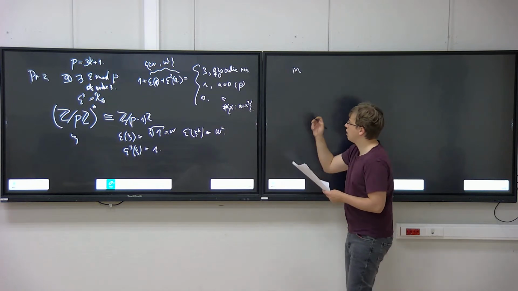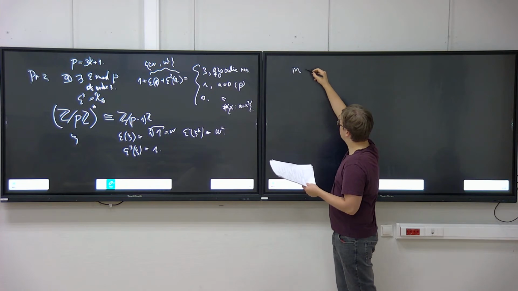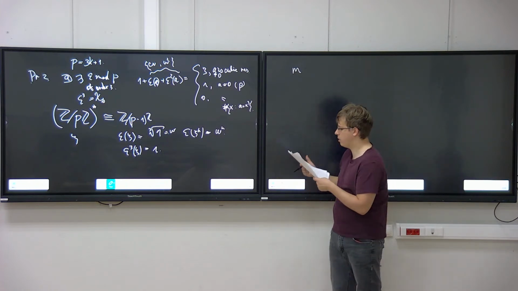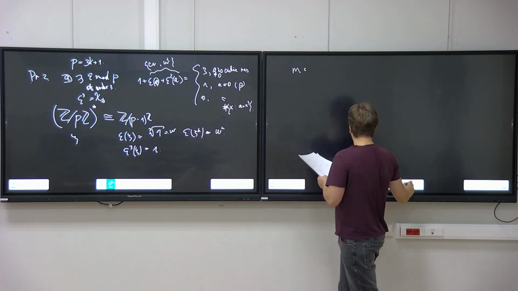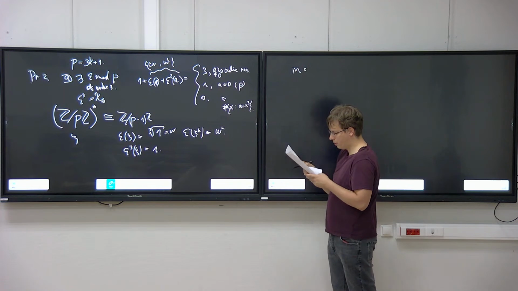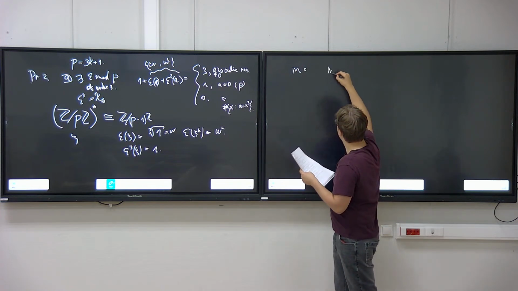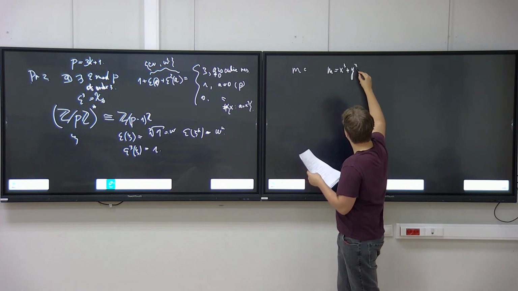M is given. Let it be non-zero, because for 0 it's 0 cubed plus 0 cubed. M is non-zero, and we want to prove that it is representable as x cubed plus y cubed.